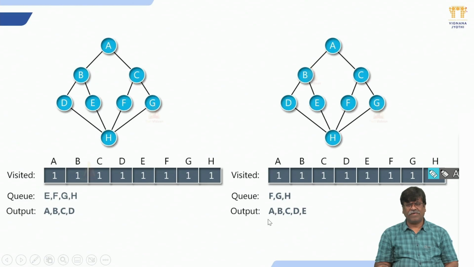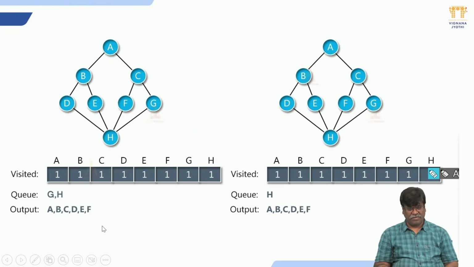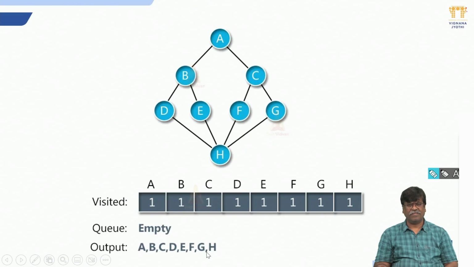So when you are checking for the next three elements, for F, there is no new unvisited vertex, so you can directly send F here. Next, G. From G, there is no unvisited vertex. You can send it for the output. Then you can remove H. From H, there are no new adjacents. So you can send it here.